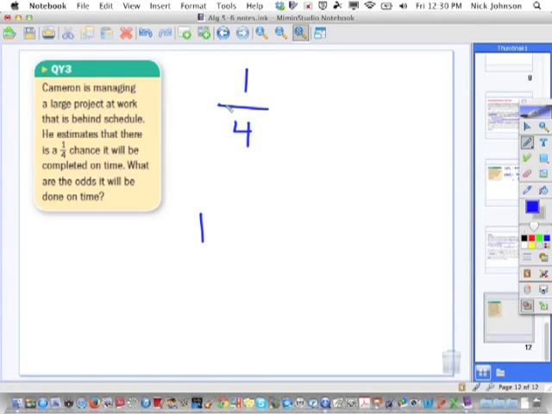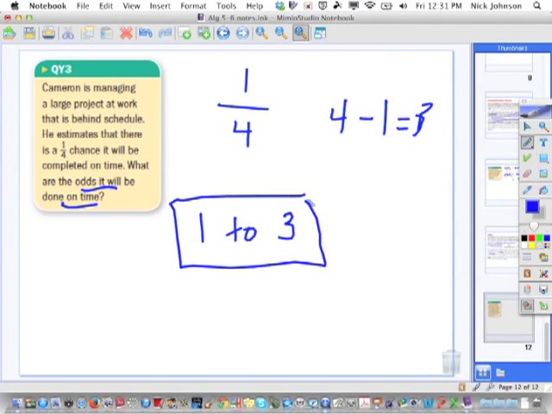Okay, the complement to this is 4 minus 1, because we know there's 1 chance of getting it right. So 4 minus 1, sorry, I wrote 3 because that's what I was thinking. Okay, 4 minus 1 is 3. So the odds of this getting done on time is 1 to 3, which is about 33%.